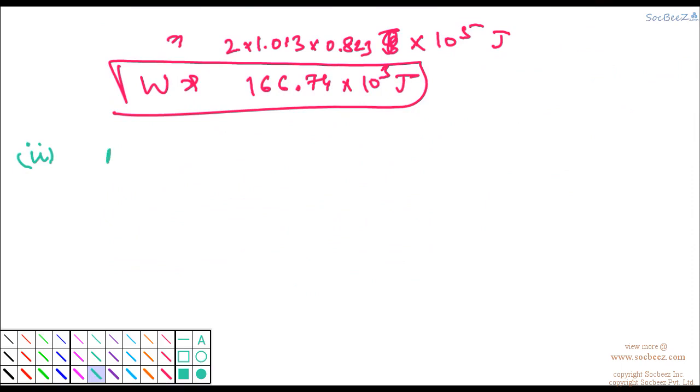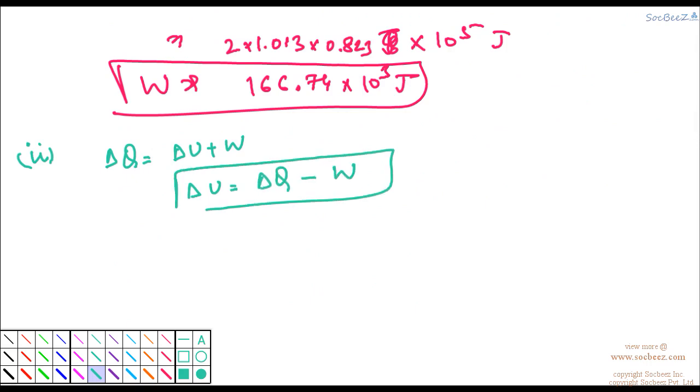As you know, delta Q gives us delta U plus W. So the change in internal energy can be very easily found from the total energy and the work done. Total energy supplied from outside minus the work done gives us the change in the internal energy.